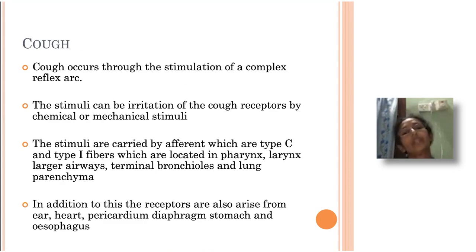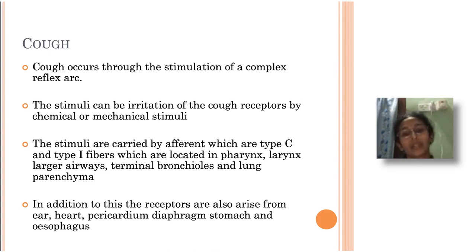Cough occurs through stimulation of a complex reflex arc. The stimuli can be an irritation of the cough receptors by chemical or mechanical stimuli. The stimuli are carried by the afferents, which are type C and type I fibers, located in the pharynx, larynx, large airways, terminal bronchioles, and the lung parenchyma.